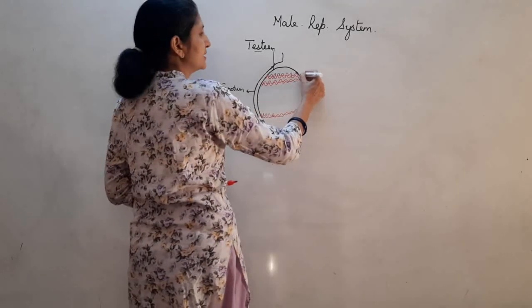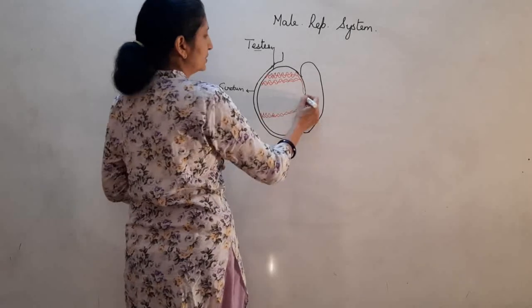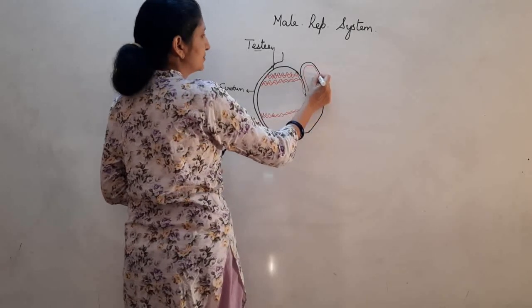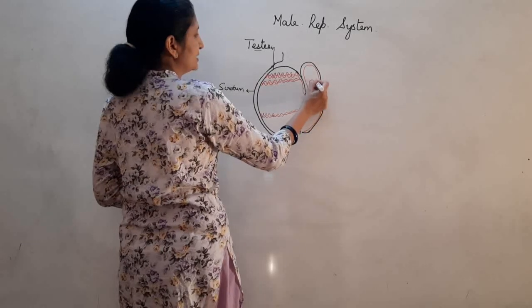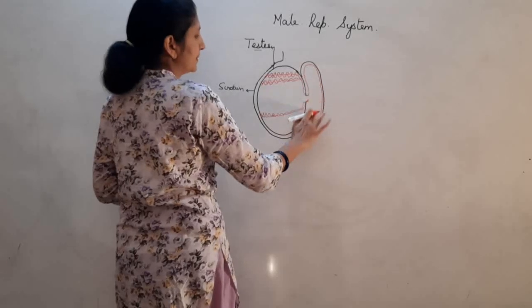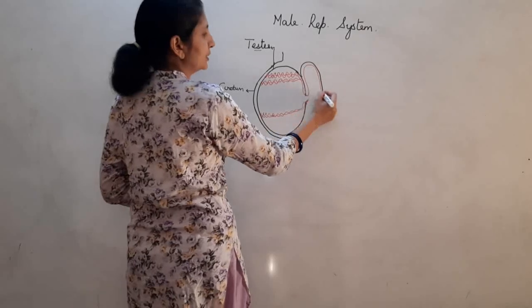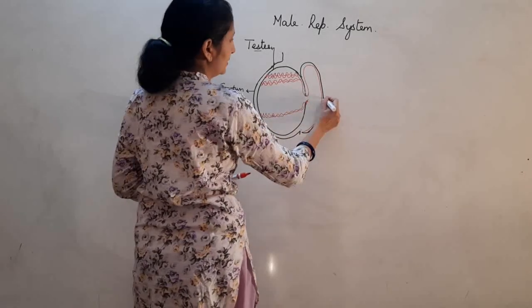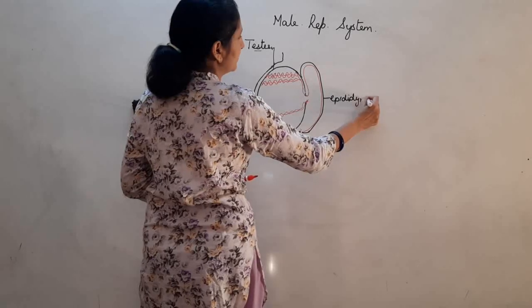Behind the testes, there is a structure like this which has a muscular wall. ये tubule ऐसे widen up हो जाता है, and it lies from the upper side like this. ठीक है ना? Like this, behind the testes. And this tubule is called the epididymis.